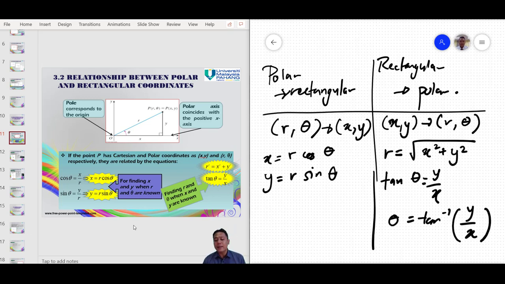Okay, these are the fundamental equations that you need to know if you want to convert between polar and rectangular and vice versa.